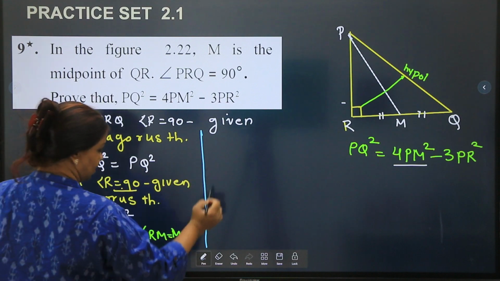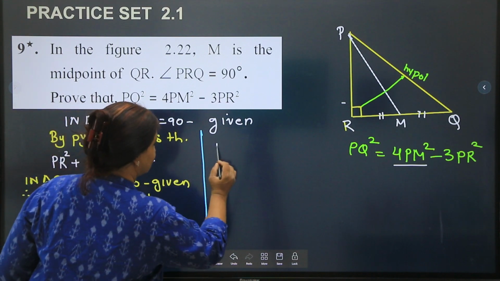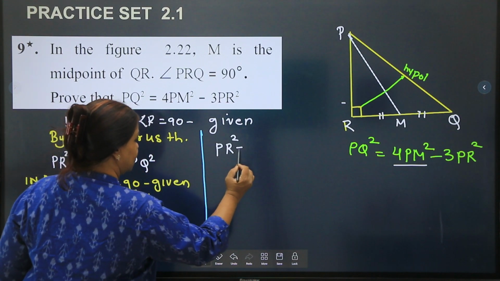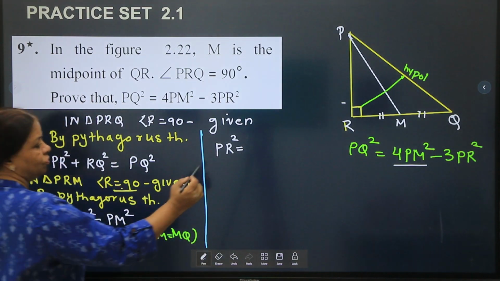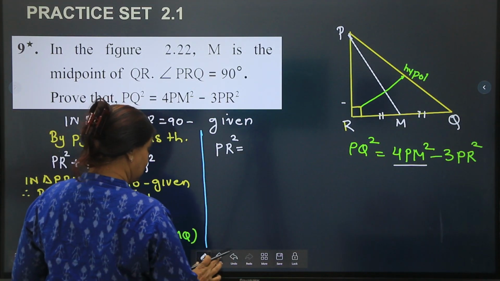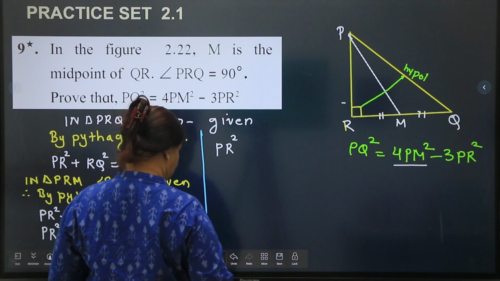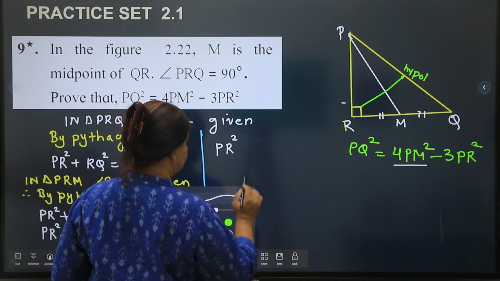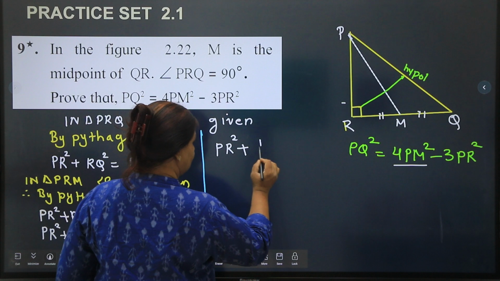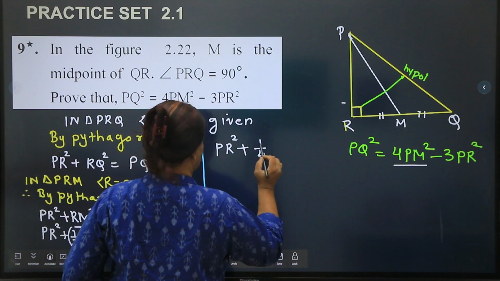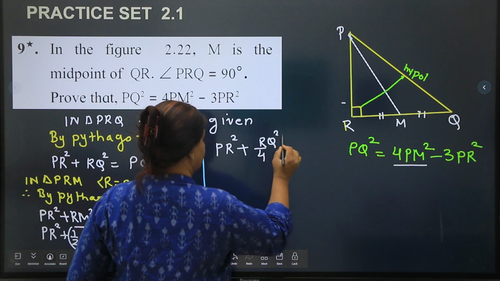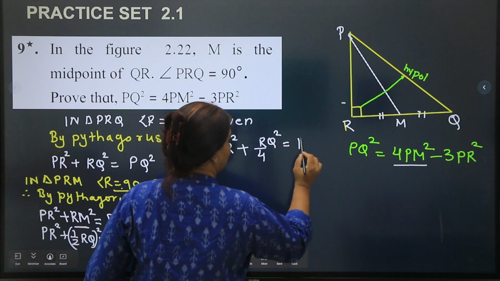We get PR square plus 1 upon 4 RQ square is equal to PM square.